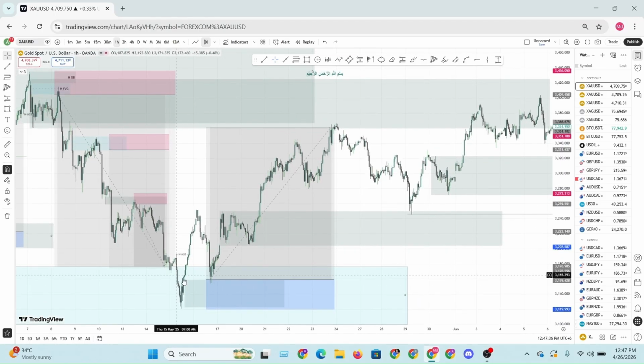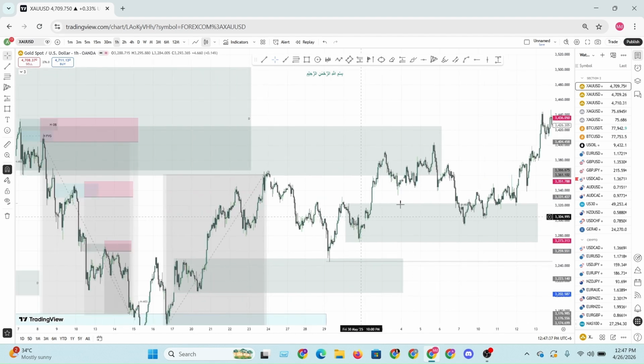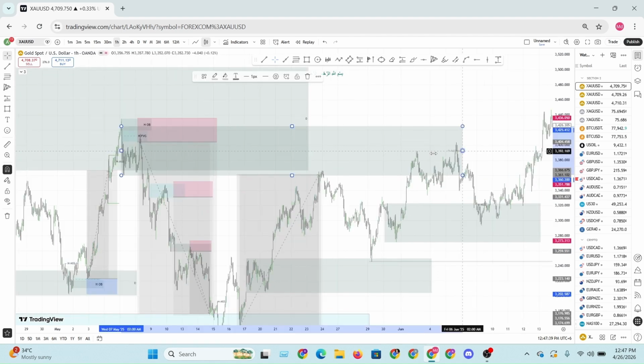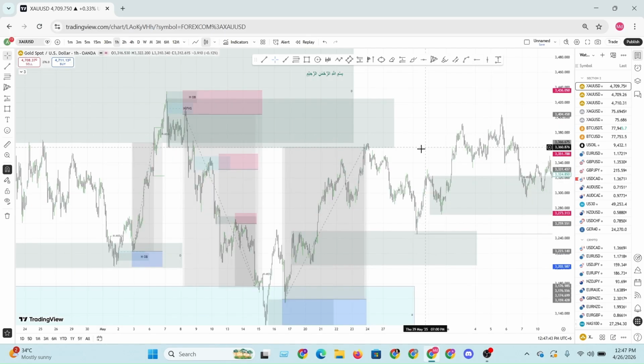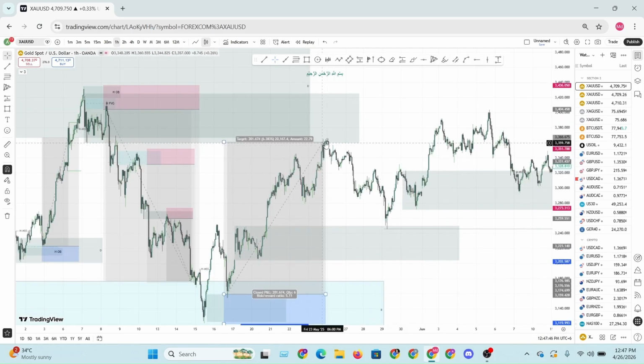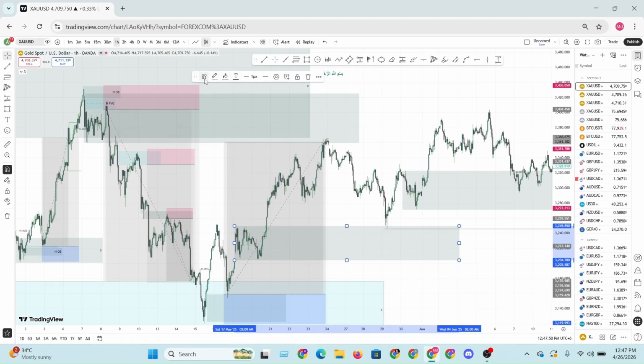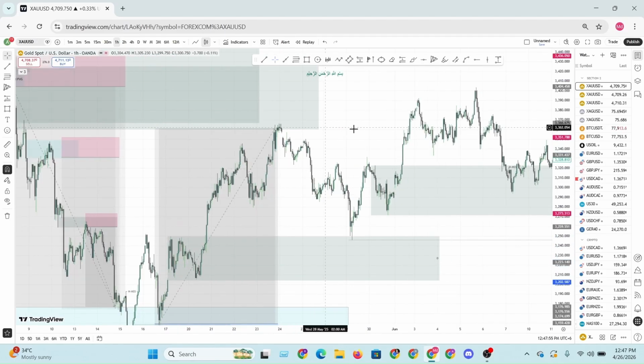Let's see from this POI and this daily order block, it is done. So there too we can target this daily order block.